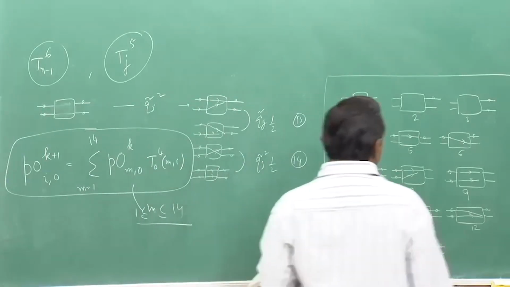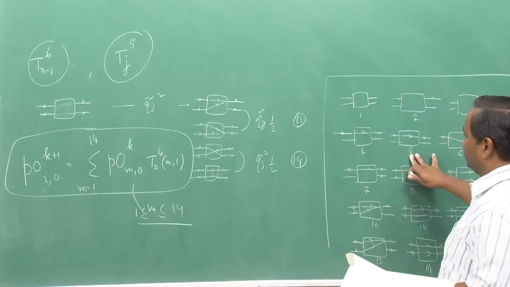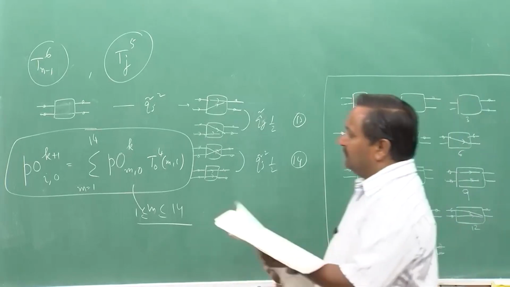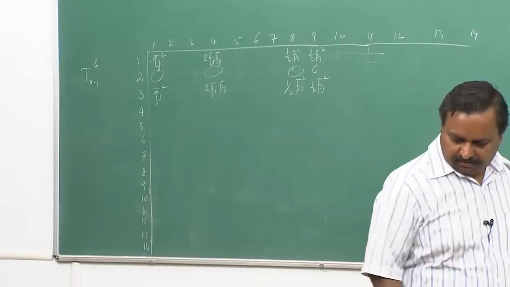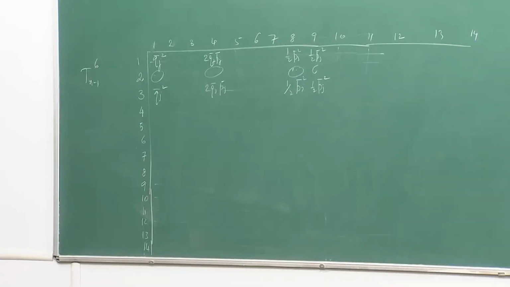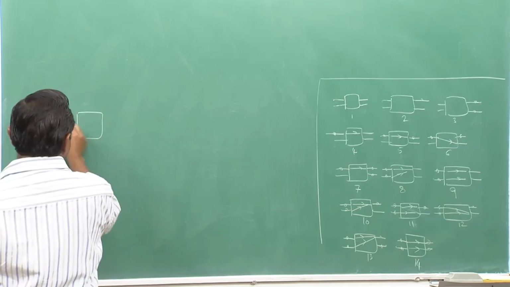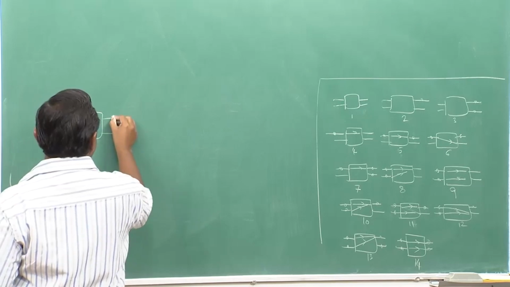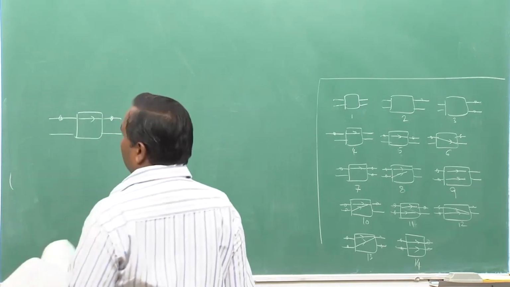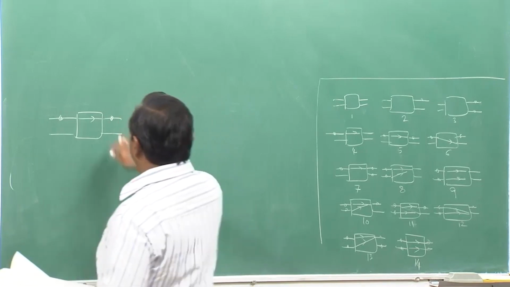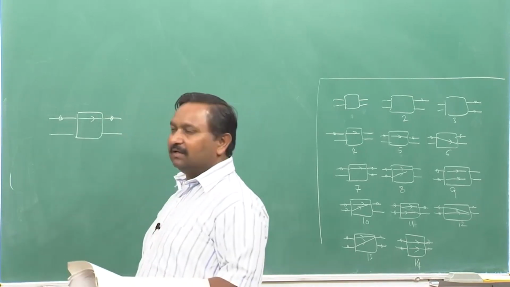For example, you can say 5, let us see what will happen to 5. So, there is a packet here which is directed here. In the current time slot, this packet will be read out surely, there is no blocking.